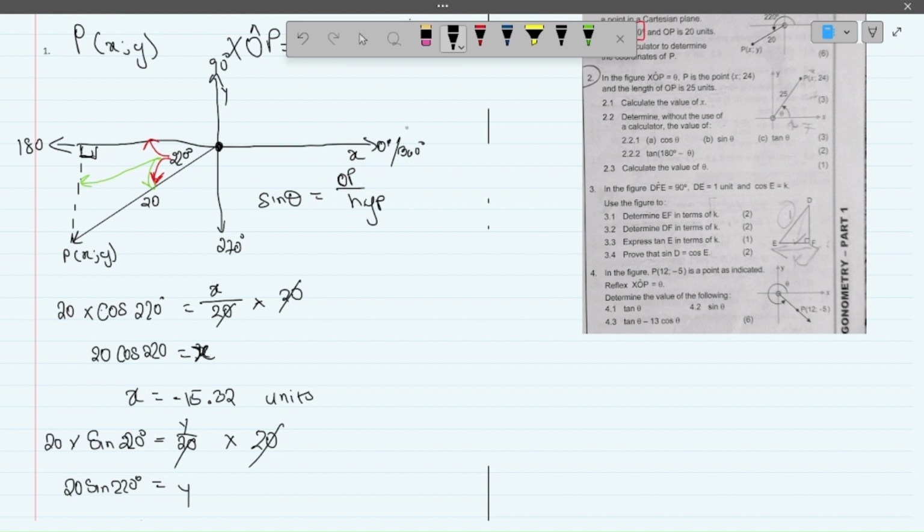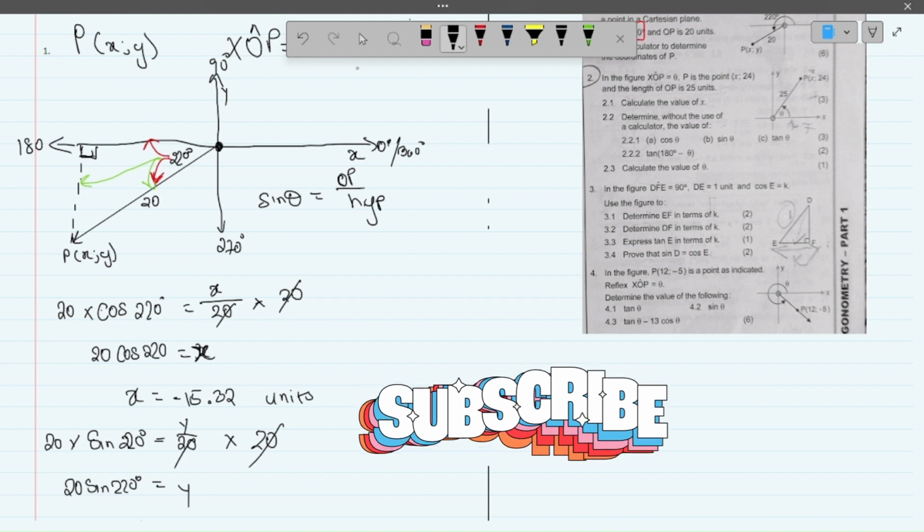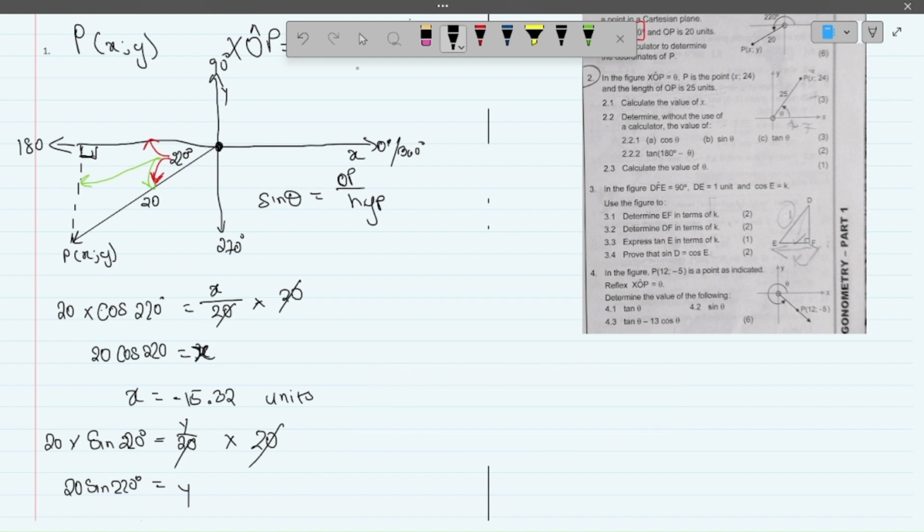Also mind you that this type of question, where sine is equal to opposite over hypotenuse, only refers to triangles that have a 90 degree angle. To calculate the sides of triangles that do not have a 90 degree angle, we use different formulas.